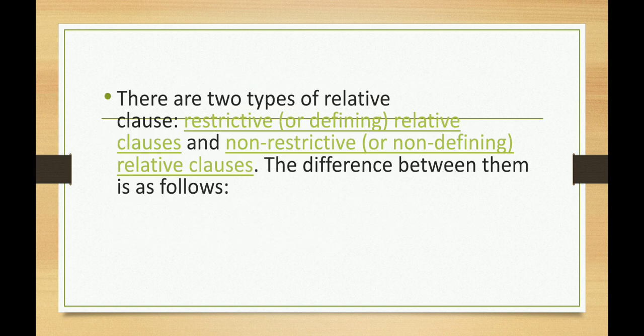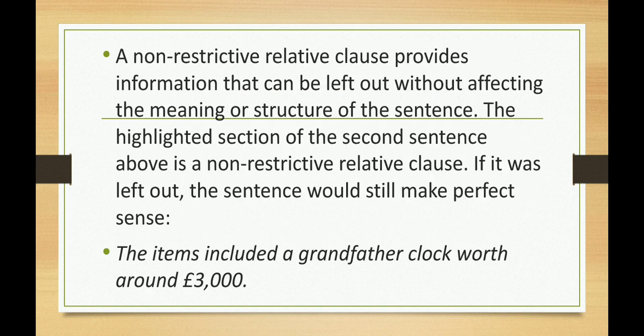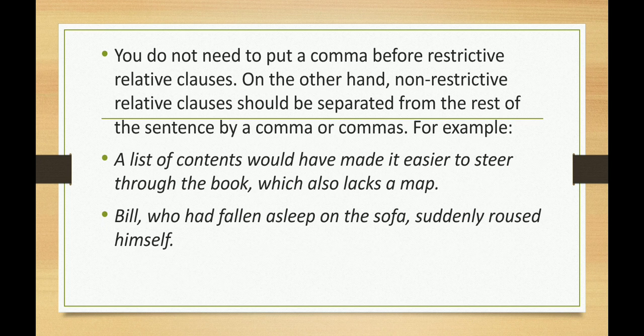So we have these two types of clauses: the restrictive clause, also called the defining clause, and the non-defining or non-restrictive relative clause. To add something more, you do not need to put a comma before a restrictive relative clause.